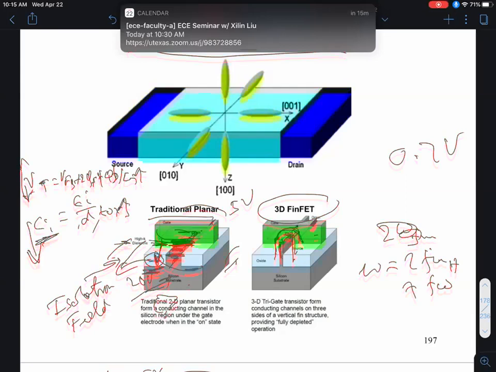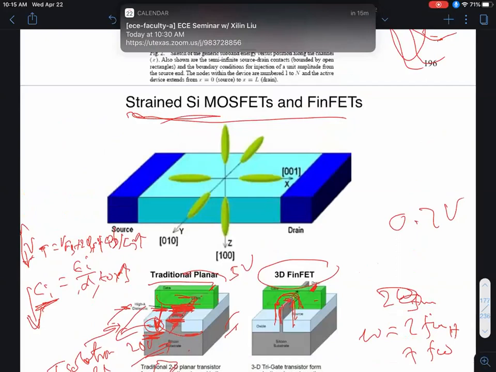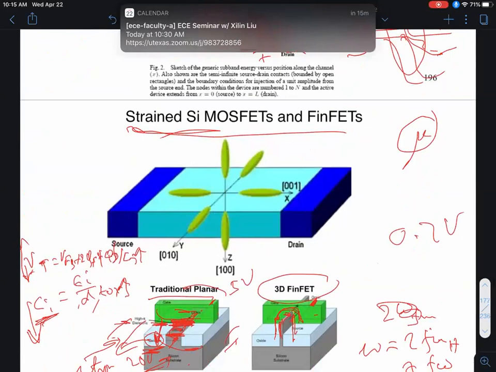The other advancement in current day MOSFETs is called strained silicon MOSFETs. This is a little bit harder to understand. It is geared towards improving the channel mobility mu, because remember the drain current is proportional to the channel mobility. Mobility, you may remember, is given by the charge of the electron times the collision time divided by the effective mass of the electrons, the conductivity effective mass.